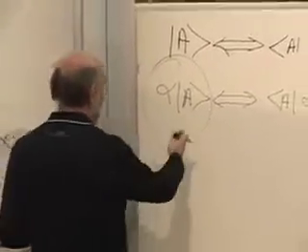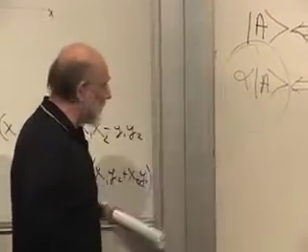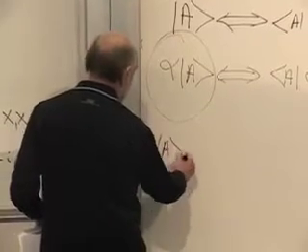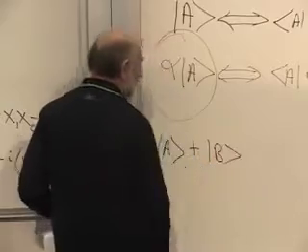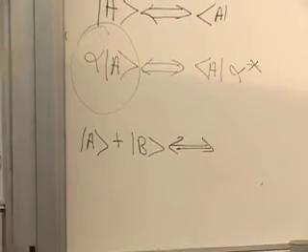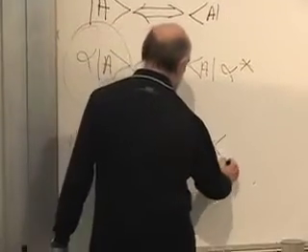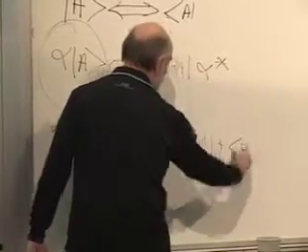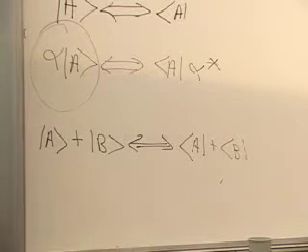Otherwise, operations on the dual space are similar to operations on the original space. For example, if A and B are two vectors, and we add them, then the dual, or the complex conjugate, will just be the sum of the dual vectors.